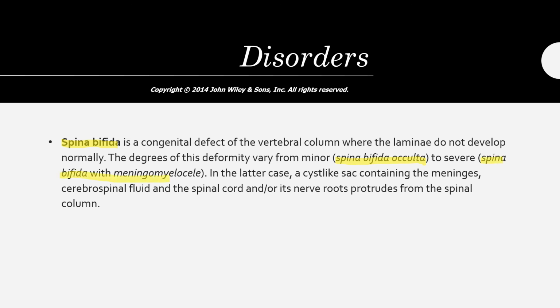Spina bifida with meningomyelocele. So in the latter case, in one of the most severe cases, this is where we have a protrusion of the meninges, or the membrane surrounding the spinal cord, and or the spinal cord through a defect in the laminae, and these are collectively called spina bifida cystica.